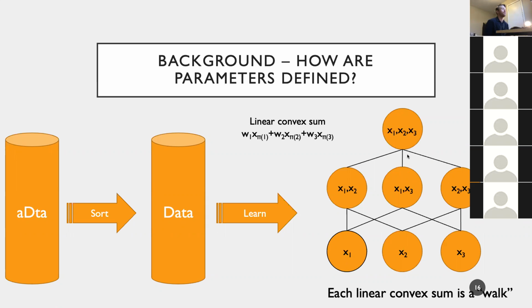So you may have put this together from just a second ago, but each different walk up the lattice is going to be a different linear convex sum. And so we're going to call each sum a walk today, and that's what we've termed it. And that's, again, going to be how we step up the lattice.